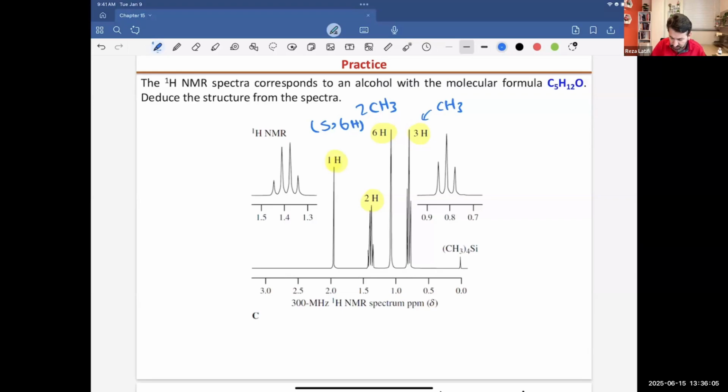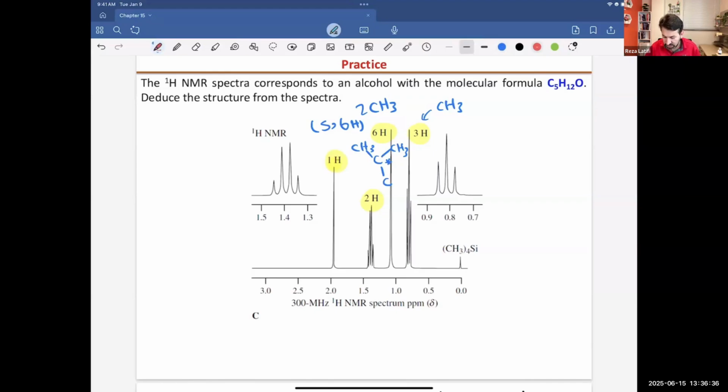What's one possibility for it? A carbon that has a CH3, and the neighbor carbon should not have any hydrogen. I'm talking about this carbon. That carbon should not have any hydrogen sitting on it, otherwise it will split it. Now the 3 hydrogens got split into 3 peaks.